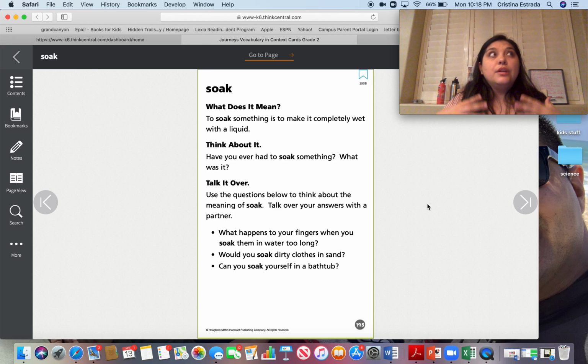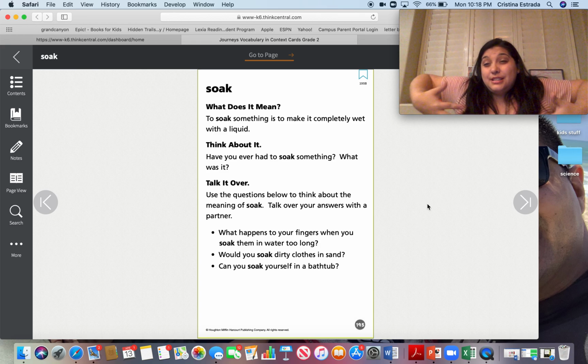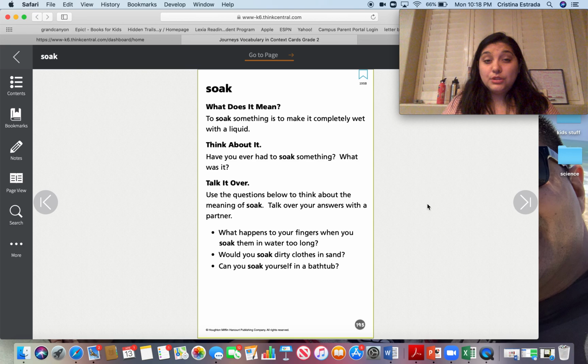And another way to think about it is, has there ever been a time where somebody spills something on you and your shirt just gets completely wet, so you're soaked in whatever got spilled on you? And other things that can get soaked, like when we're in the bathtub for a long time and our fingers get kind of wrinkly.